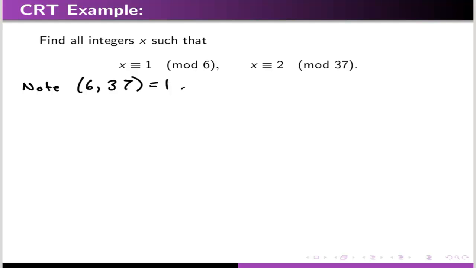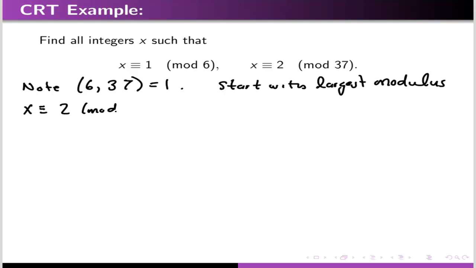And so what I'll do is I'll start with the largest modulus. That makes arithmetic easier, to start with the largest modulus and translate that into an equation. So x congruent to 2 mod 37 means that x should be of the form 2 plus 37t for some integer t.